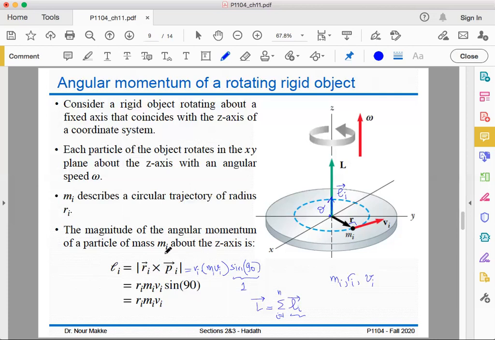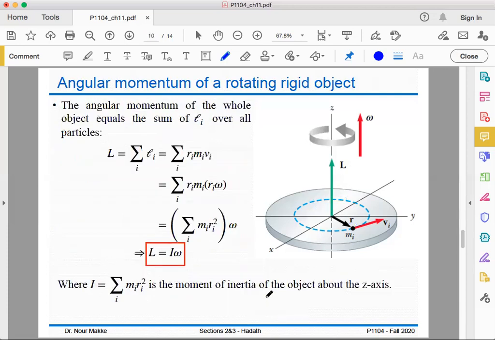So this is Li for a given particle of mass Mi moving along a circle of radius Ri with a given speed Vi. If you want to get L total, we have to sum up all these individual angular momenta. And so we end up with the sum over i of Li, which is equal to the sum over i of Ri Mi times Vi.